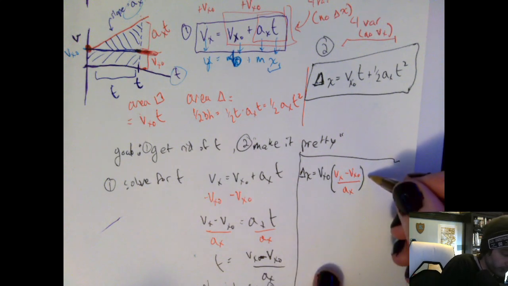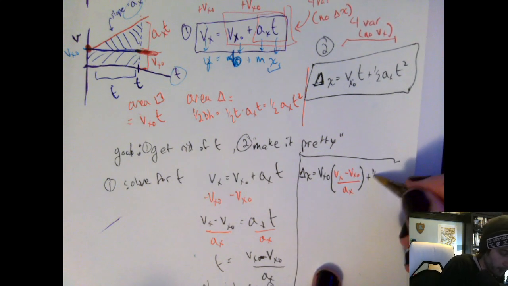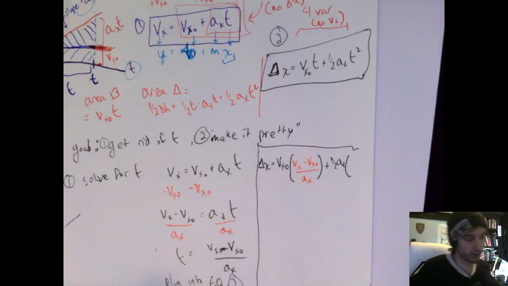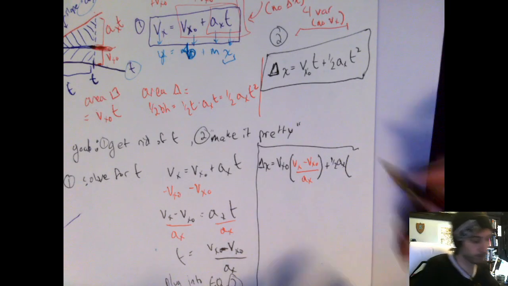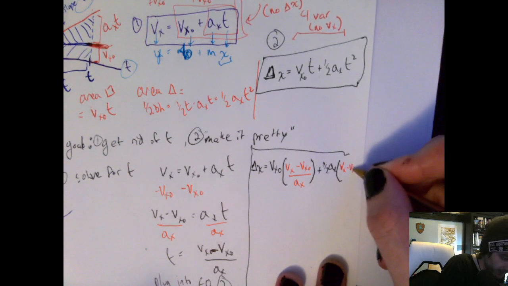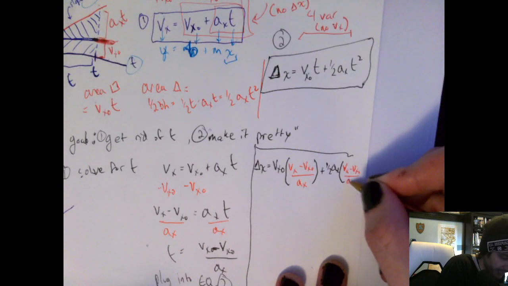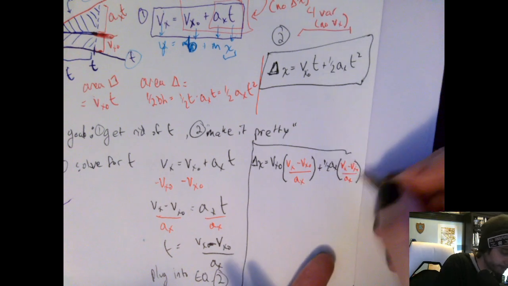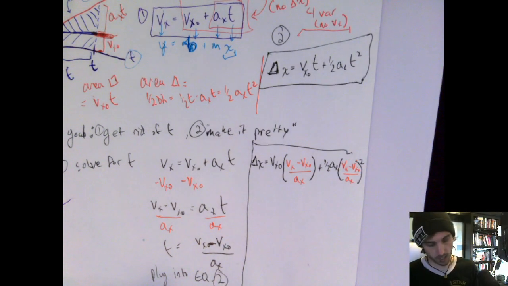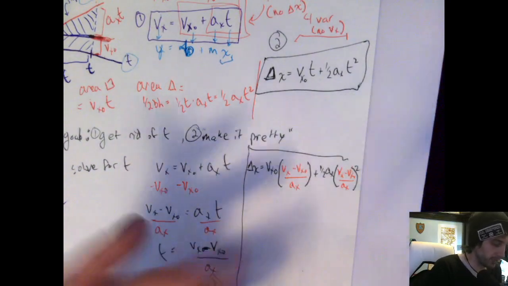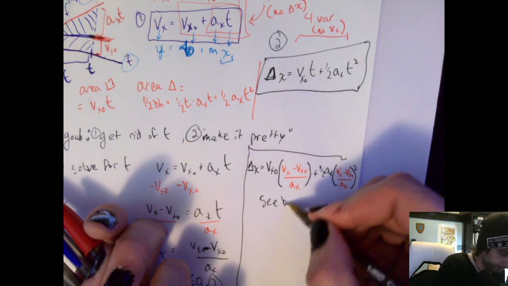Over here, we've got plus 1/2 Ax times t, all of which is going to be squared. So that's Vx minus Vx naught divided by Ax, again, all of which is squared. I'm going to absolutely run out of room, so I'm going to just rewrite this on the back.